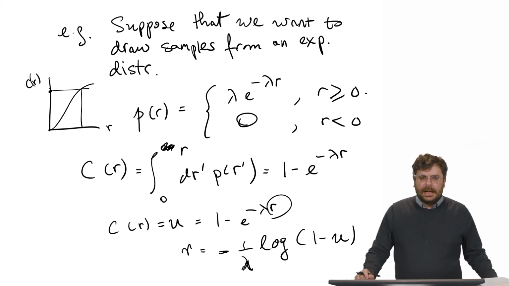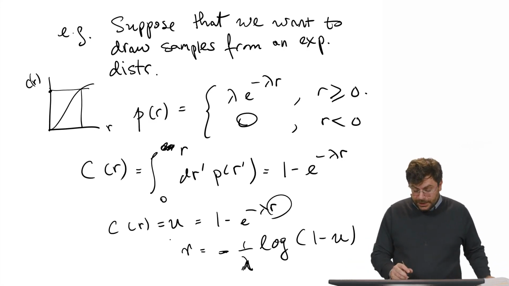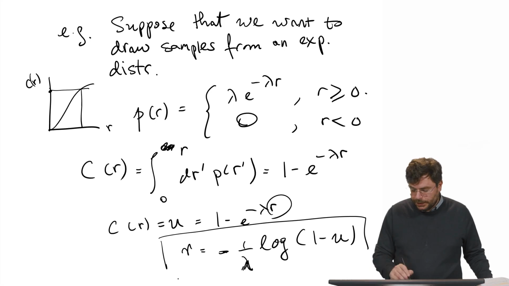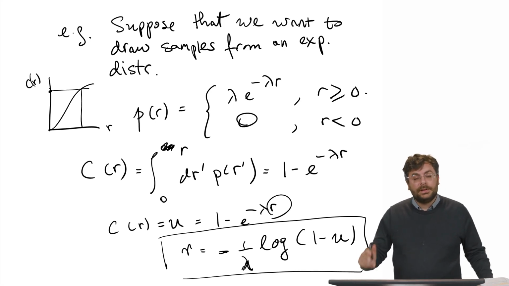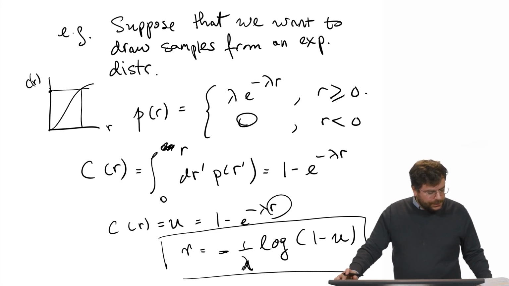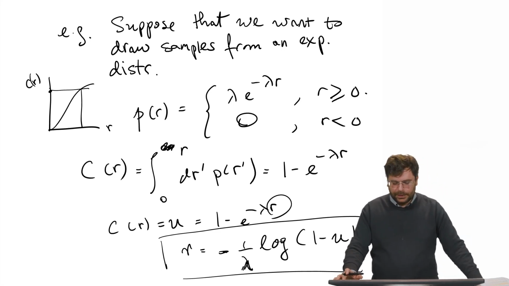Okay, now you're going to ask me, well, how do I use this expression in order to draw samples from the exponential distribution. So let's go ahead and say what we have to do.